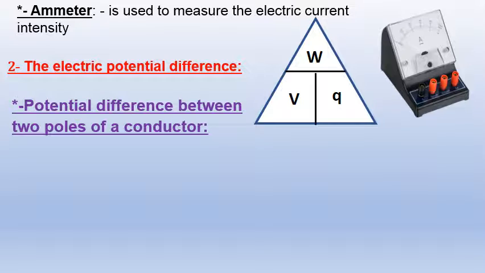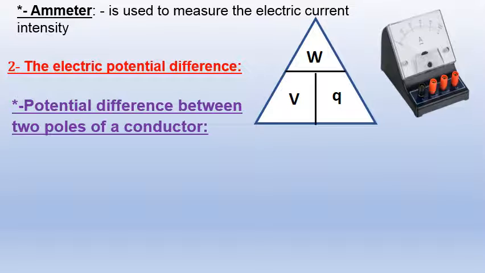Pay attention, if I have two conductors and connect them with electric wire, the electricity will travel from the conductor that has a high potential difference to the conductor that has low potential difference, until both of them have the same potential difference.